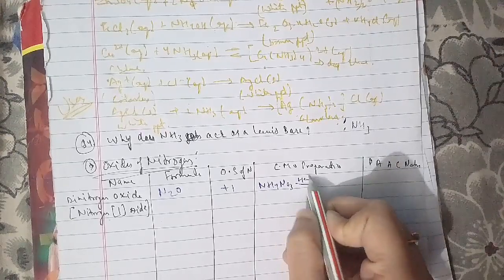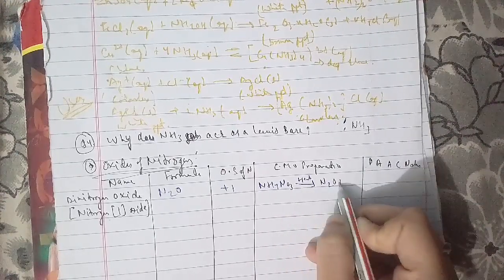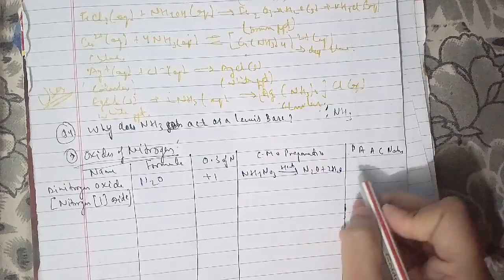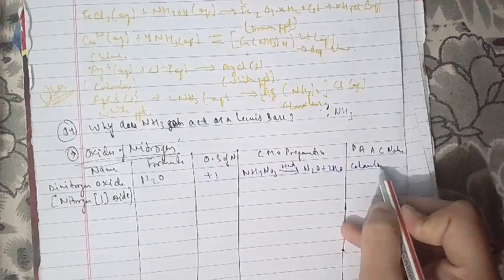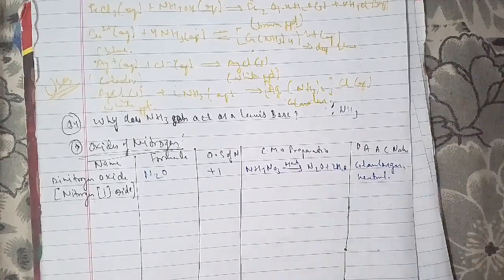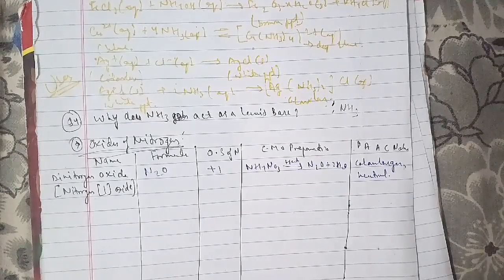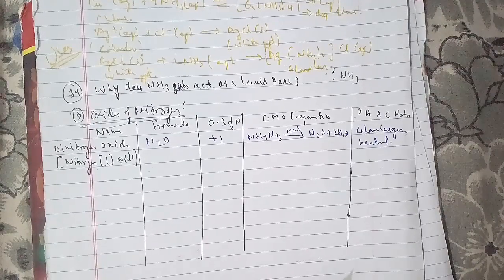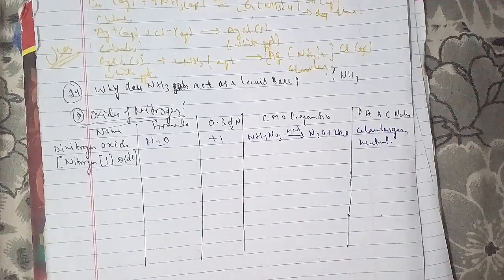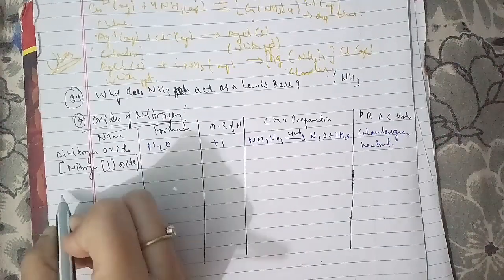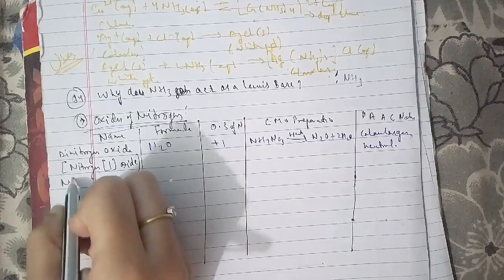This is nitrogen 3 oxide, represented as N2O3, with oxidation state +3. It is prepared from NO plus N2O4, which at 250 Kelvin gives N2O3.